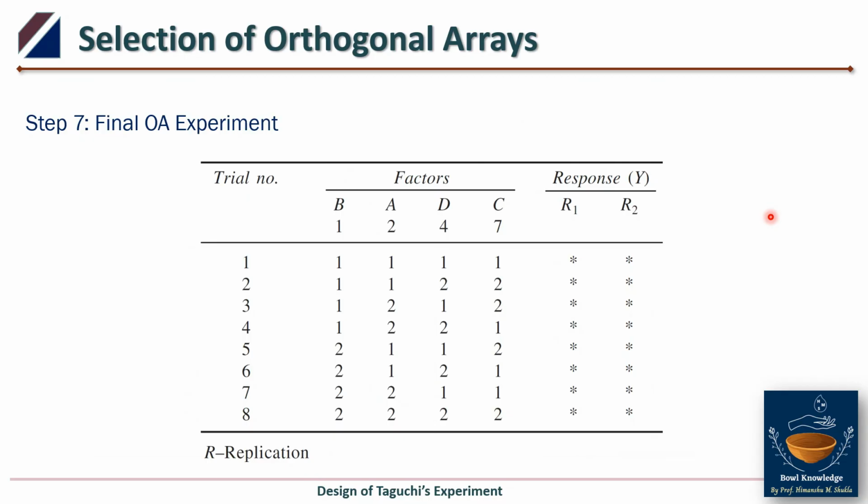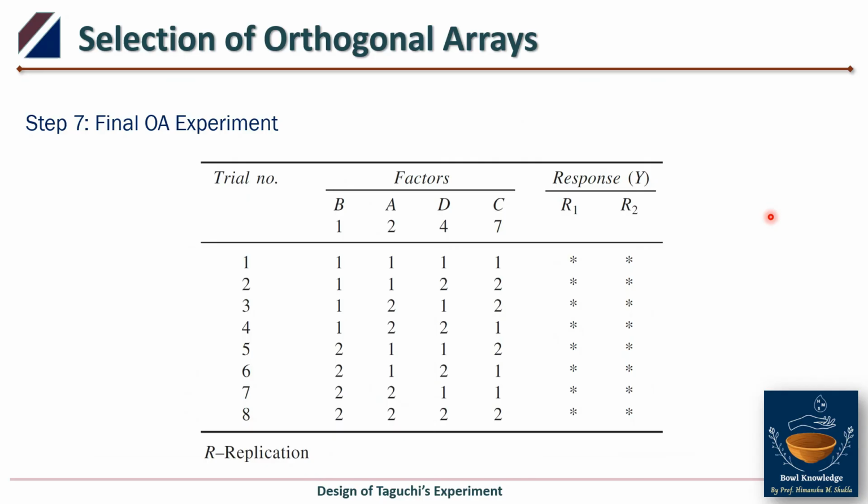We have just hidden the columns of interaction. In this way, you can select a perfect orthogonal array for your requirement, and in this way you can design the OA experiment.